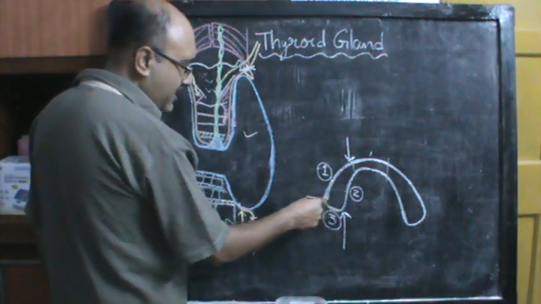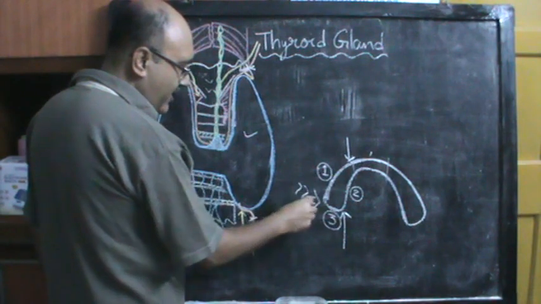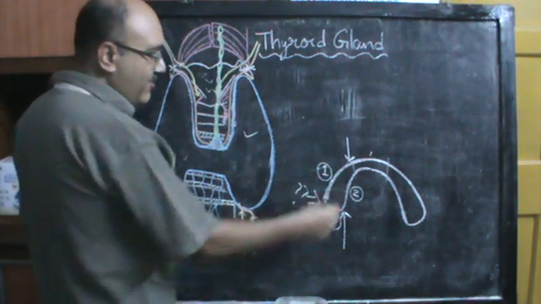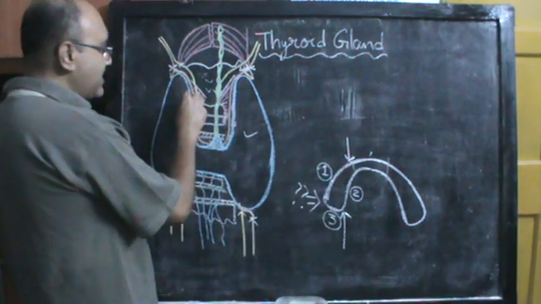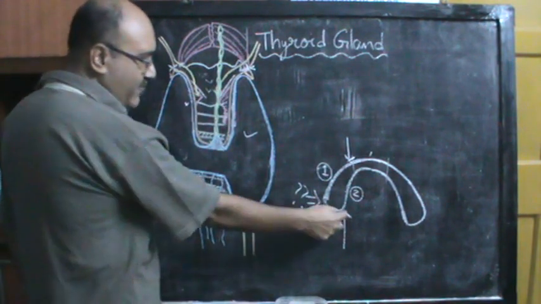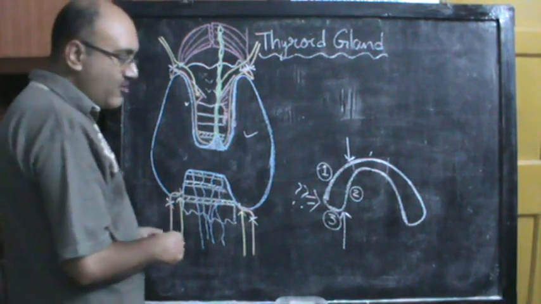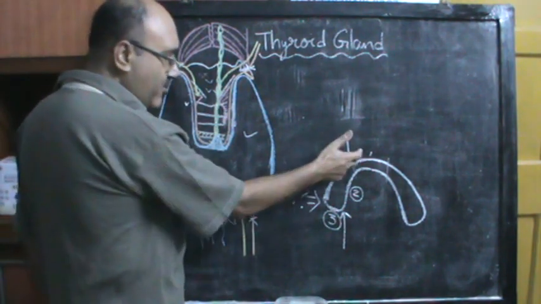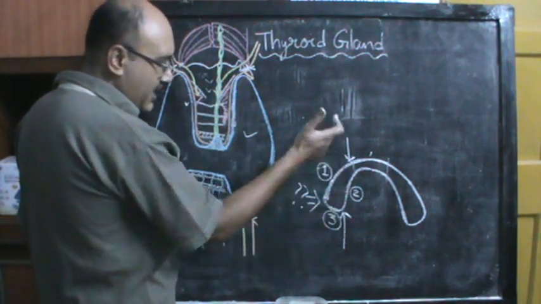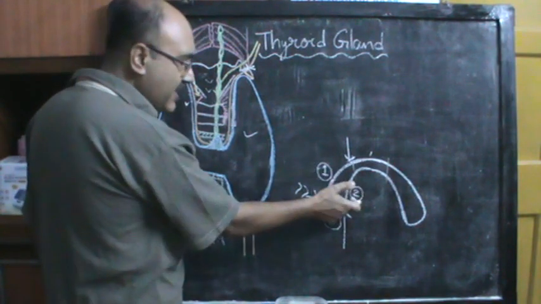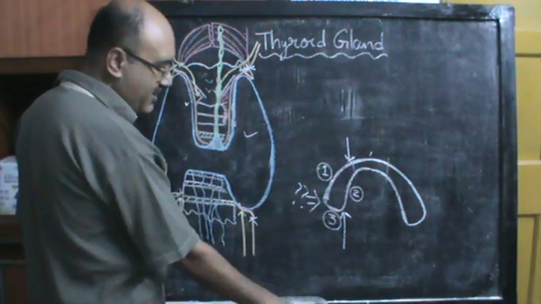This border is rather blunted, so it does not qualify as a border, but you have an anterior border somewhere here, and you have a posterior border somewhere here which you cannot see. So the lateral lobes of the thyroid gland have an anterior border, a posterior border, an anterolateral surface, a medial surface, and a posterior surface.